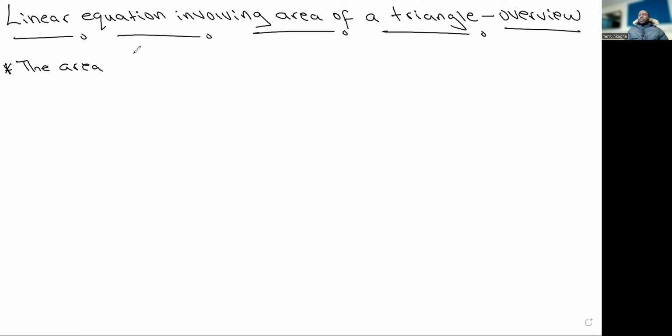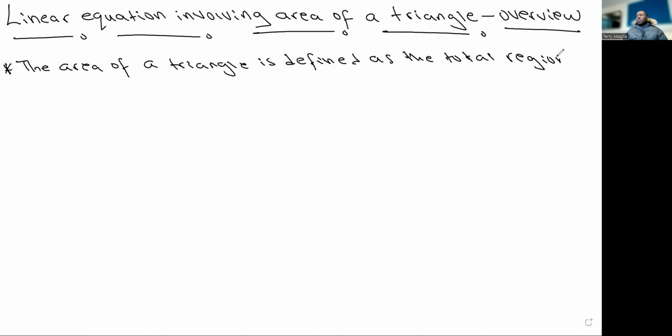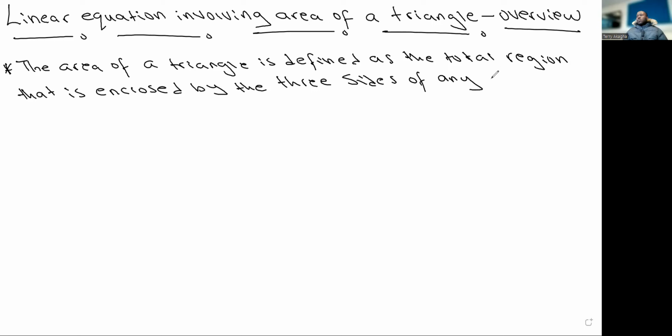The area of a triangle is defined as the total region that is enclosed by the 3 sides of the triangle.